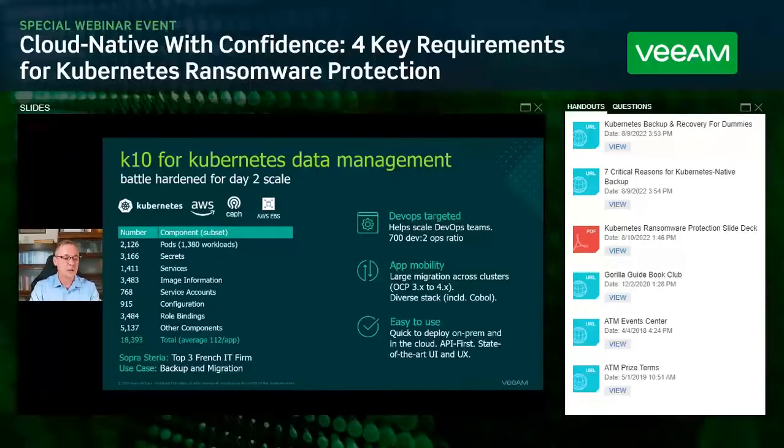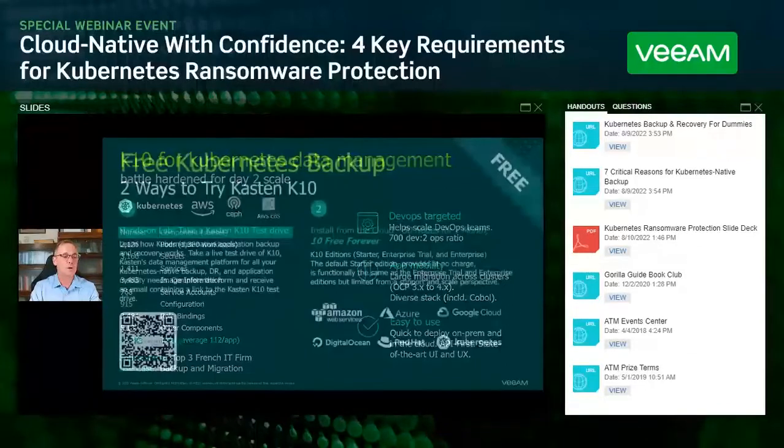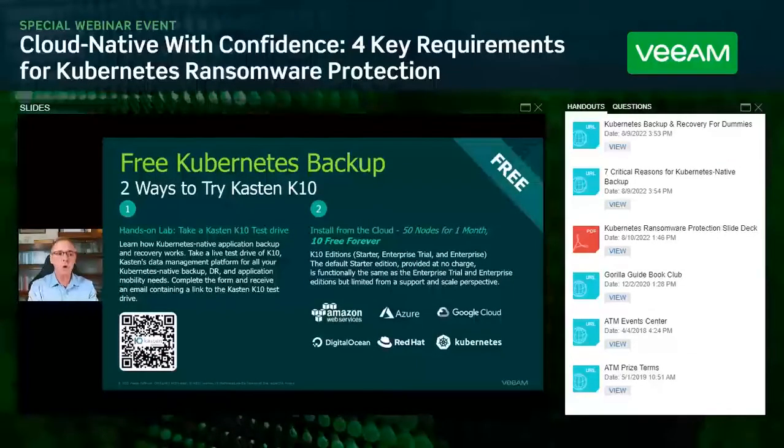Now, digging into this a little bit more, if you're interested in more information, or if you'd like to get your hands on Kasten K10 and try it out, the QR code here and the links make it very, very easy to do. We'll have some more examples of resources on the next page. You can go to our industry-leading hands-on lab and actually take it for a test drive without putting anything in your lab or in your home lab environment.